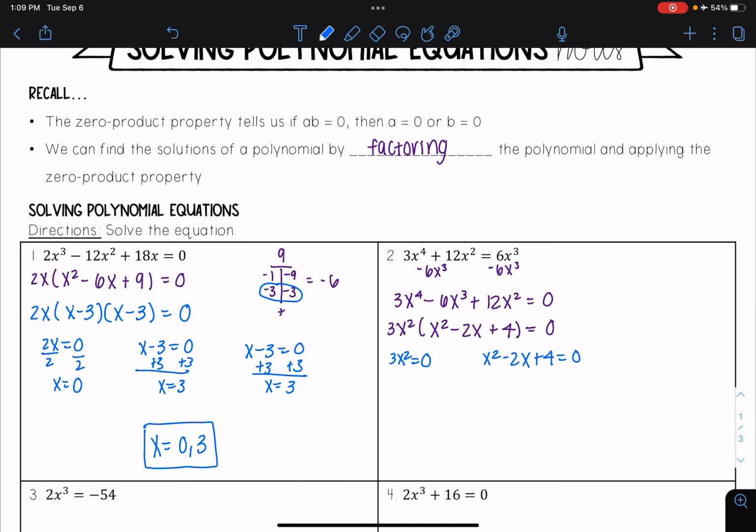So using the quadratic formula, I have x equals negative b, so my b is negative 2, so this would be positive 2, plus or minus the square root of b squared, minus 4 times a, which is 1, times c, which is 4, all over 2 times a, which is 1. Well, negative 2 squared, I get 4. 4 minus 16, I'm going to get a negative 12 in here.